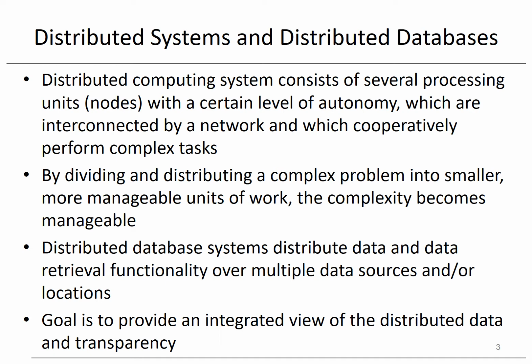They attempt to offer a certain measure of transparency to users and application programs. This transparency refers to the often desirable property that the user is insulated from one or more aspects of the distribution.